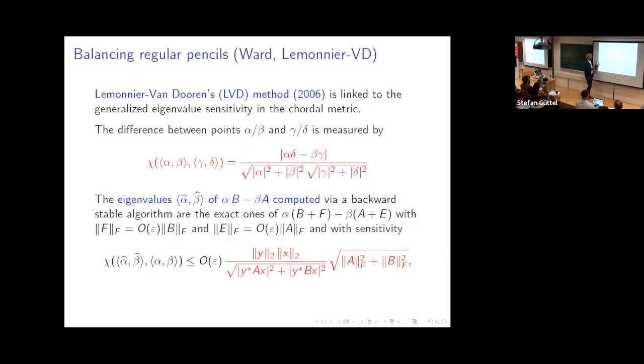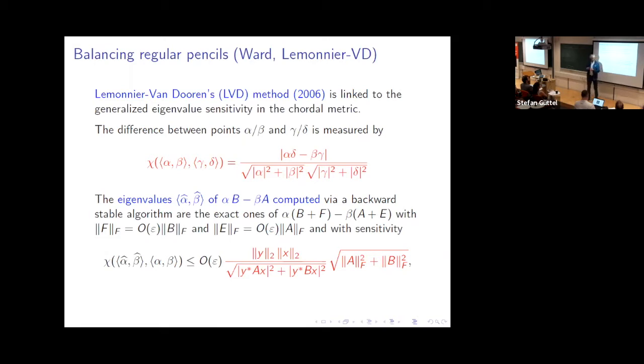The generalized eigenvalue problem is typically defined not in terms of lambda B minus A, but using the homogeneous formulation, alpha B minus beta A, and then the eigenvalues are just ratios of numbers. There is a metric to measure how these ratios of numbers are perturbed, called the chordal metric. (alpha, beta) is a pair in the complex plane, and (gamma, delta) is another pair.